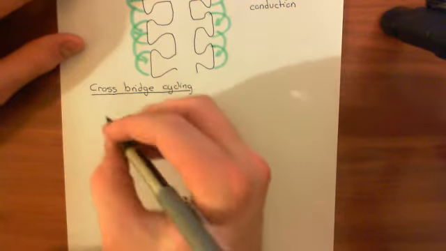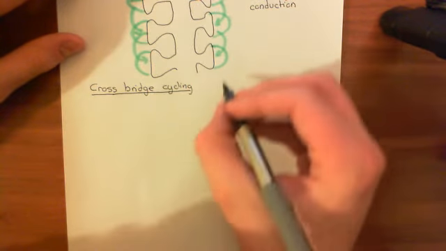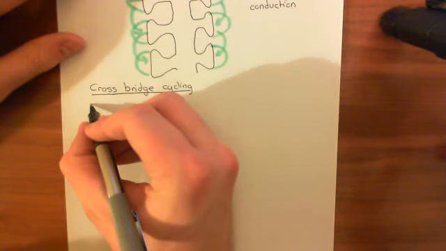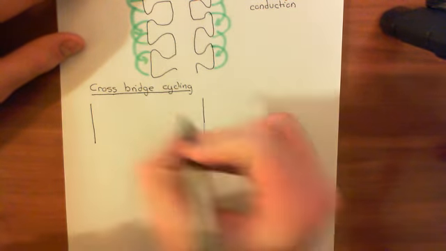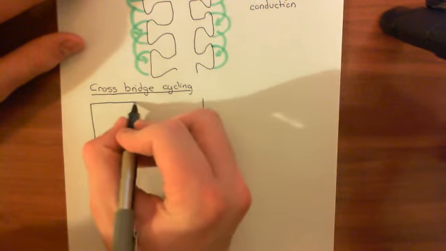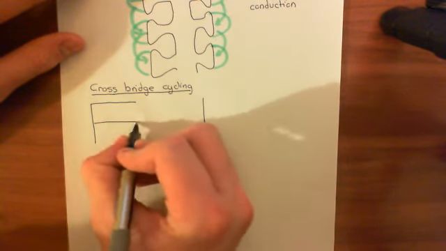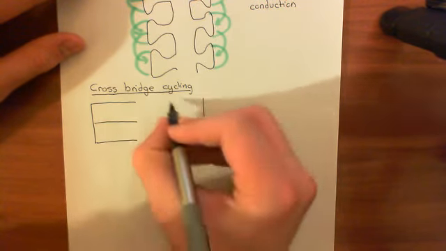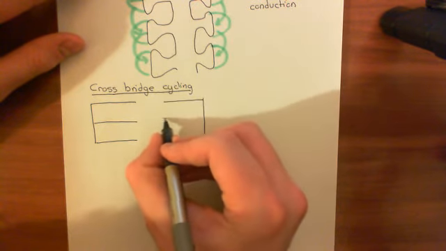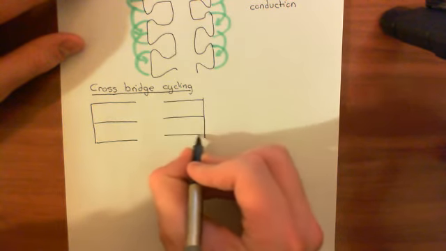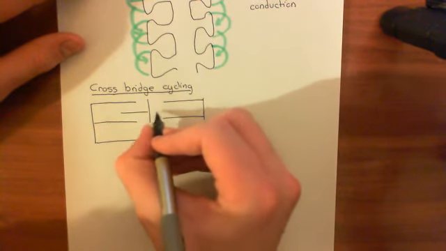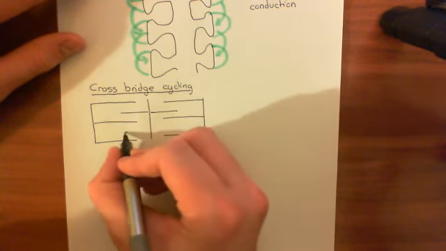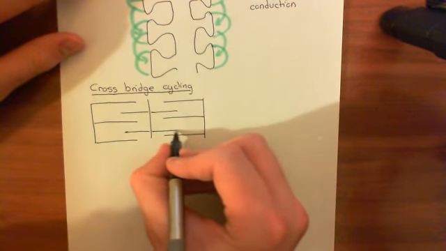So if we draw our sarcomere out again, here are our Z discs. Here are our actin filaments attached to the Z discs. Then we have our M disc in the middle with our myosin filaments. Let me colour this in so that it looks nicer.